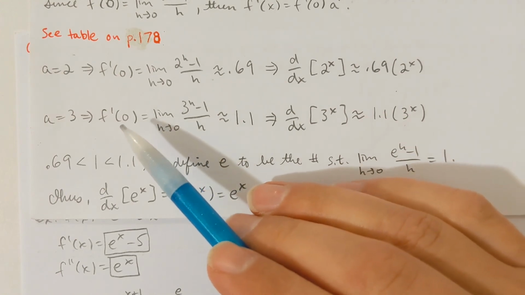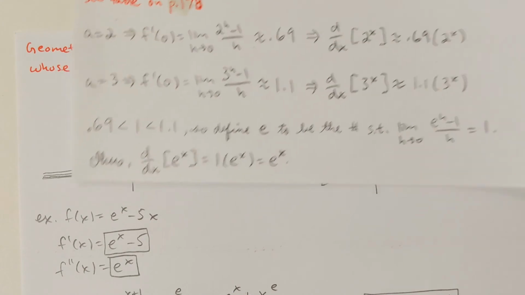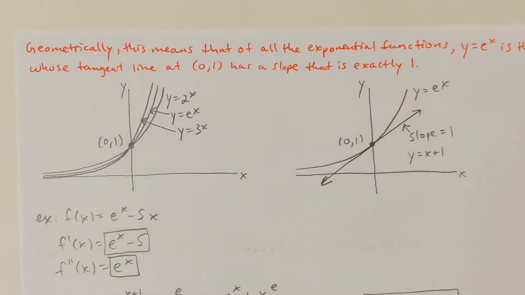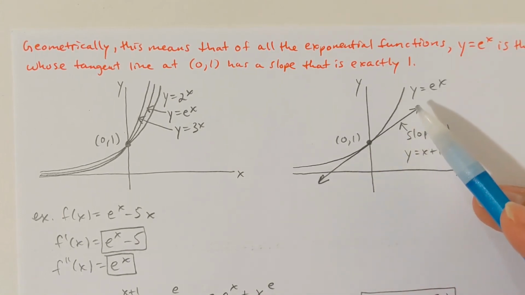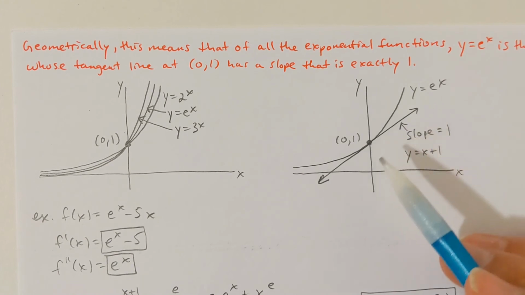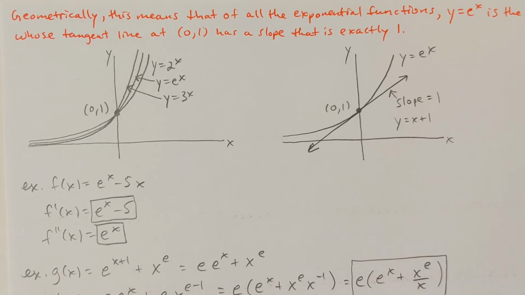For y equals 3 to the x, the slope of the graph at 0 is roughly 1.1. Now those numbers are close to 1, but they're not exactly 1. So y equals e to the x is kind of special in that it's the only function whose slope of the graph is exactly 1 at x equals 0. Okay, and that's one way to define the number e.